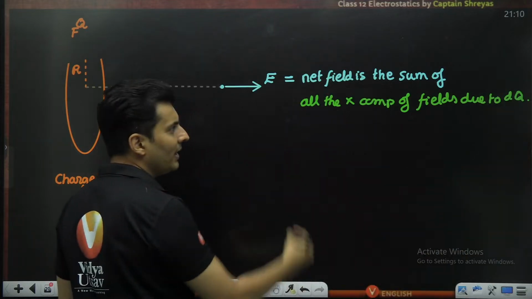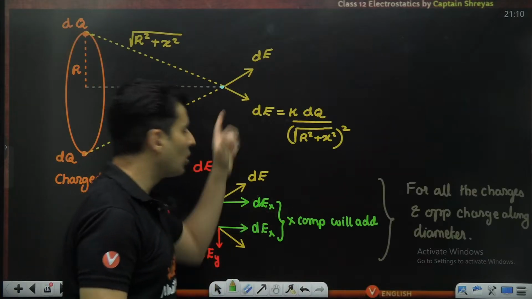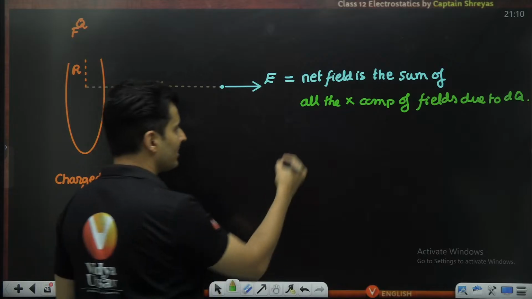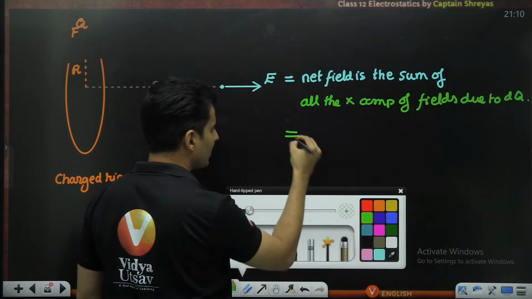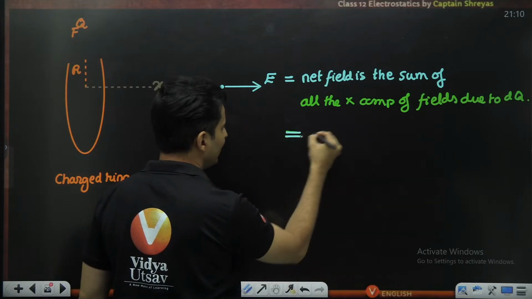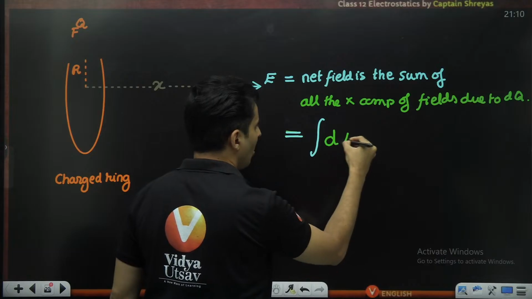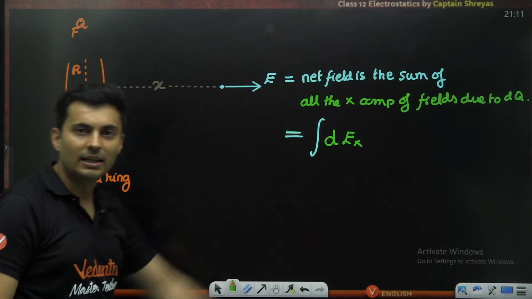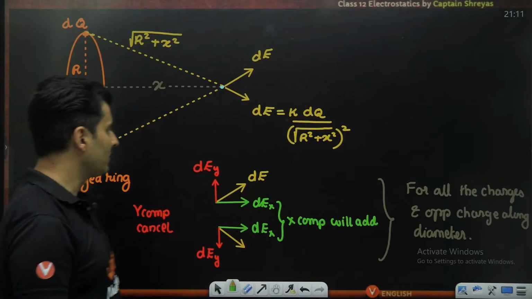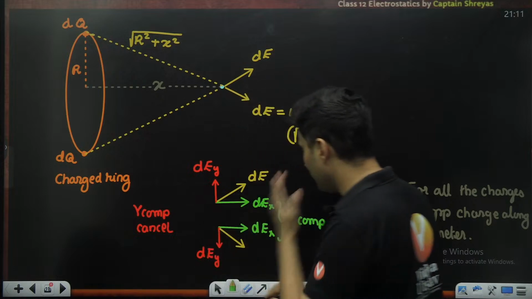Sum of all the x components, not the y components, only the x components will add. And whenever you have a sum, it means you have basically what? Integration. So it is basically the integration of these x components. That's all. And you can very easily find out the x component. It is not that difficult.